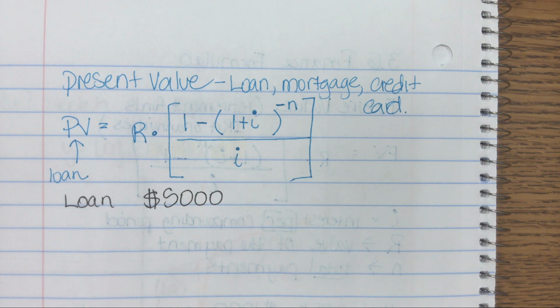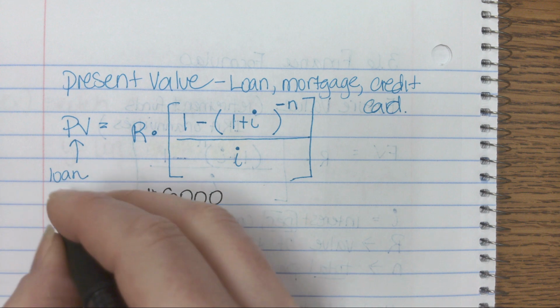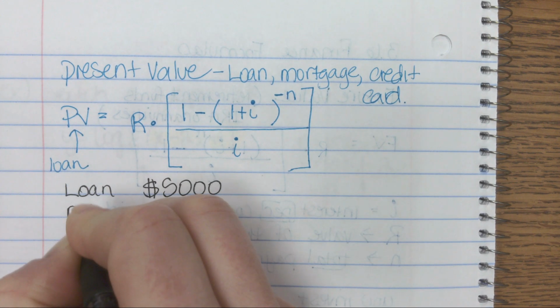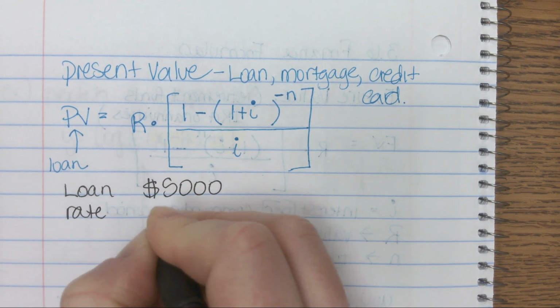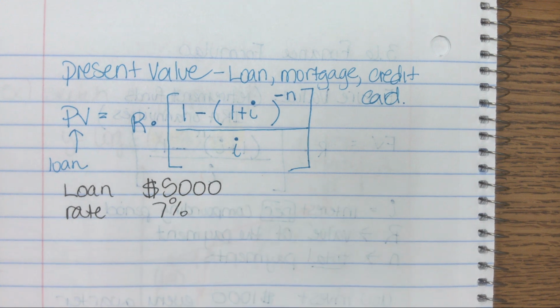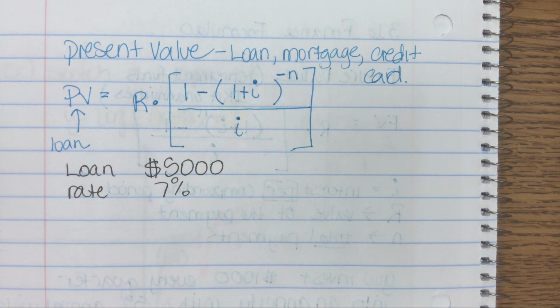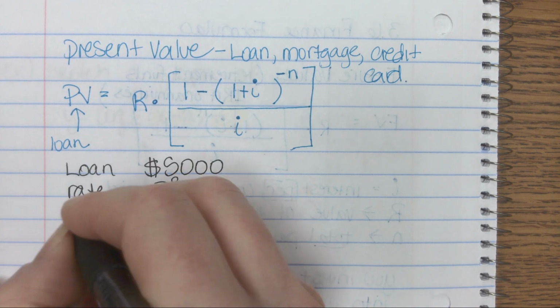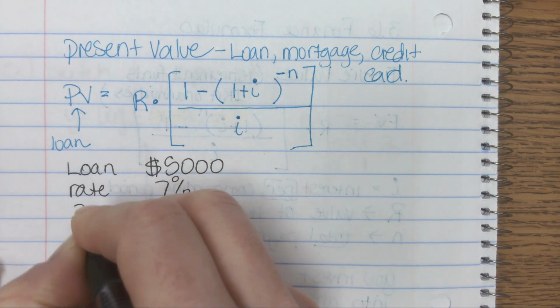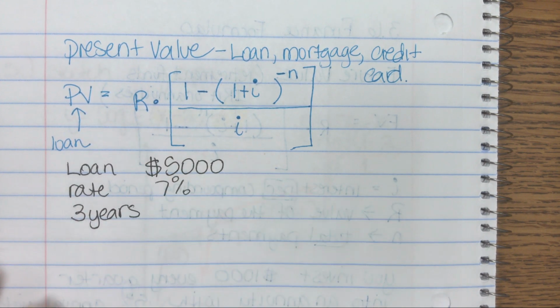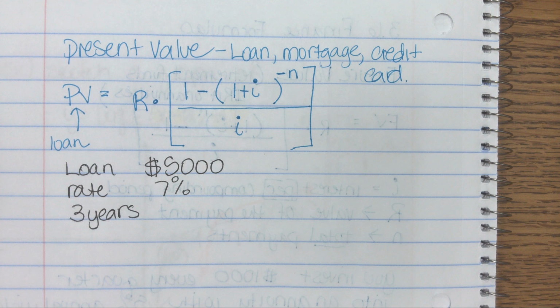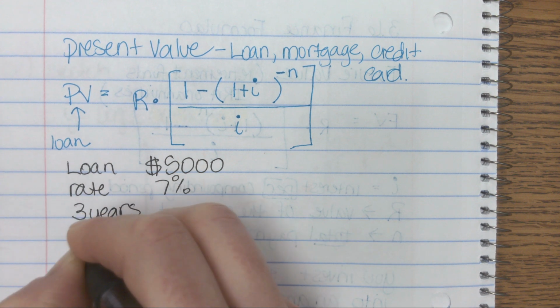Let's make it a short loan because hopefully you're not going to take too long to pull off a $5,000 loan. So let's say your interest rate is 7%, and the length of the loan is 3 years. So the difference in this problem is you're trying to figure out your monthly payment.